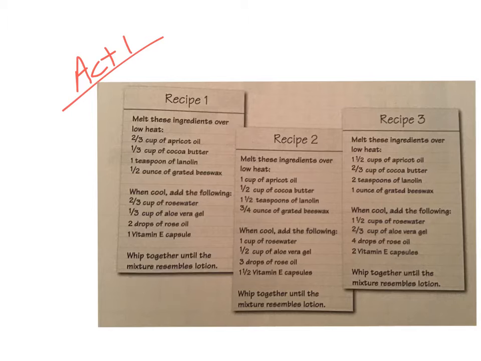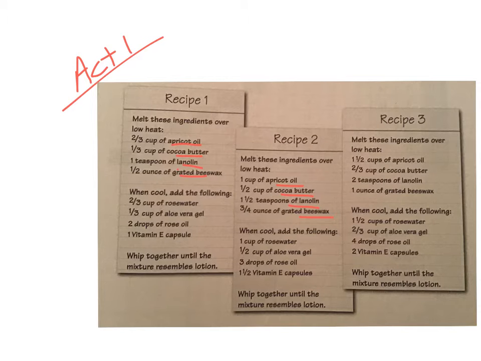So what's the first thing we should do to decide if these are the same recipes? It may be the simplest thing, but the first thing you're going to want to do is make sure that each one of these ingredients are the same ones you see over here. Because if you have different ingredients, then they're not going to be the same recipe. So, apricot oil, coconut butter, lanolin, grated beeswax.